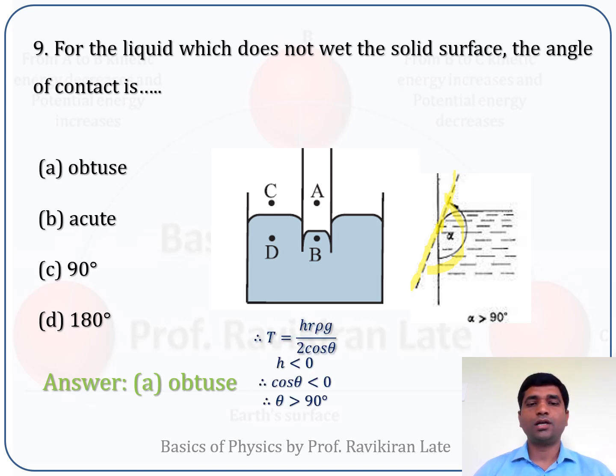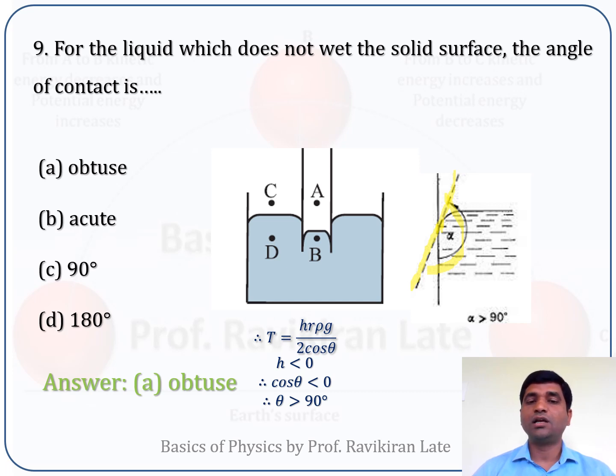Now next question. Before going to the next question, let me tell you, you can solve these kinds of questions by using the formula for determination of surface tension by capillary action, T equals h r rho g upon 2 cos theta. As you know, the liquid level inside this capillary tube is going down, so h in this case will be negative.